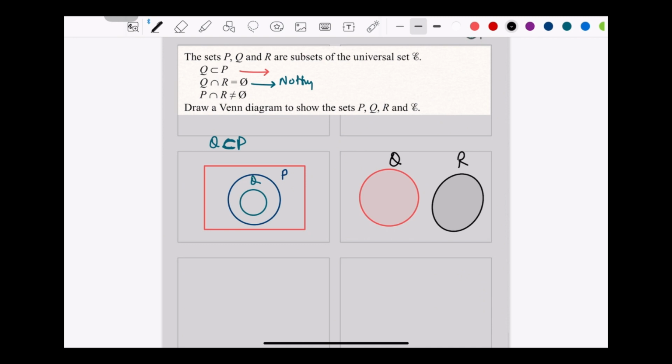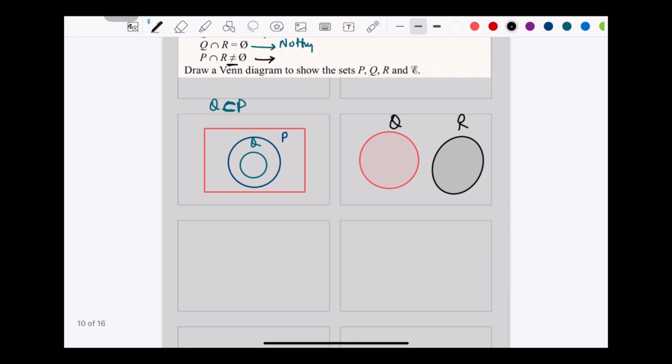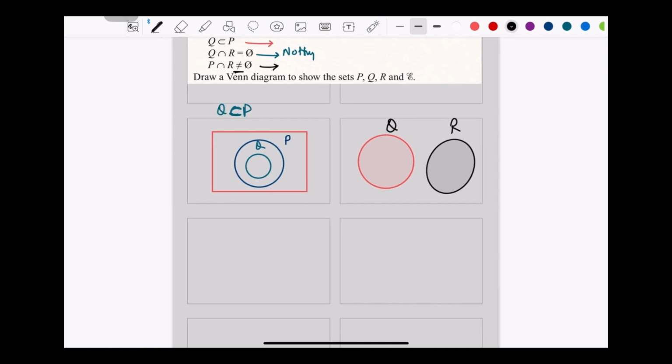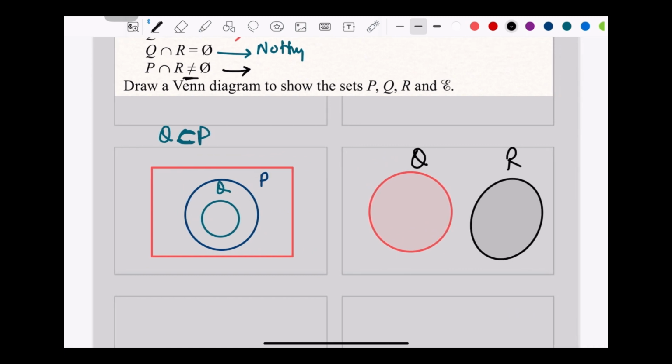And P intersection R is not a null set, which means there is something common. This means not equal to null set, not equal to nothing. There will be something common. So when we have to draw R now, R will look like this.